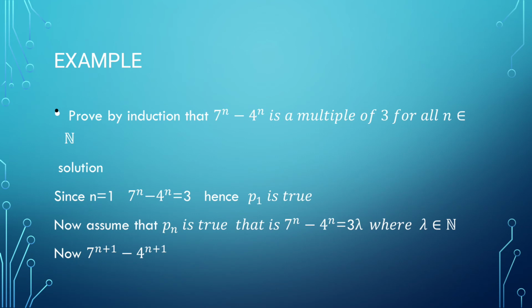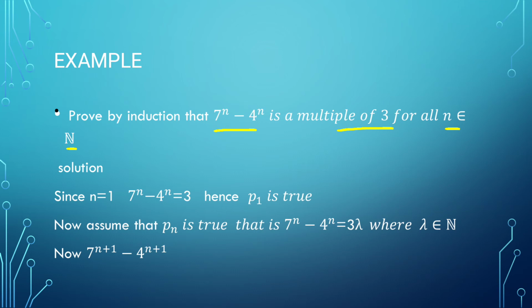So for example, prove by induction that 7 power n minus 4 power n is a multiple of 3 for all n being a member of the natural set. So we are talking about the natural set, we are talking about whole numbers here, 1, 2, 3, like that.